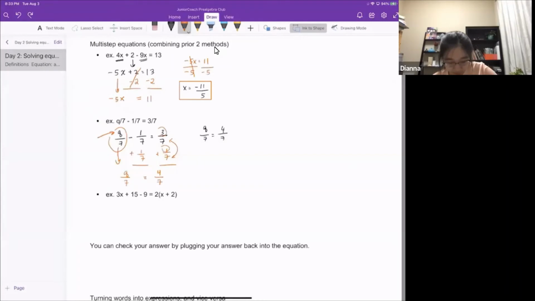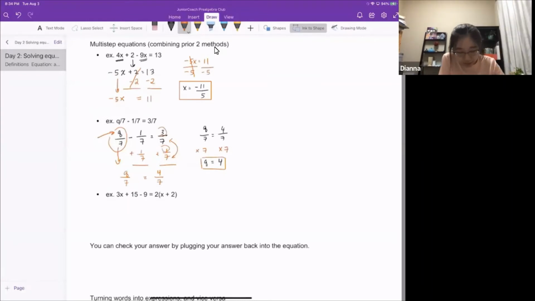So if I want to get rid of it, I have to multiply back by 7. So q over 7 times 7 is going to be q, right? Equals, and then 4 over 7 times 7. These are going to cancel. So this just gives me 4. So fractions are kind of pesky, but that's how you would deal with them.